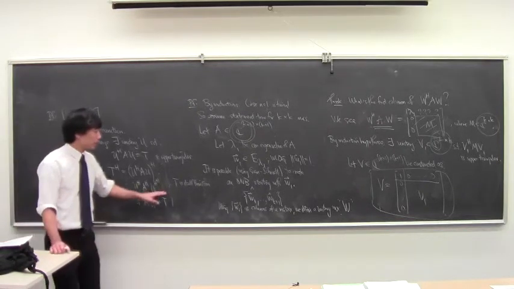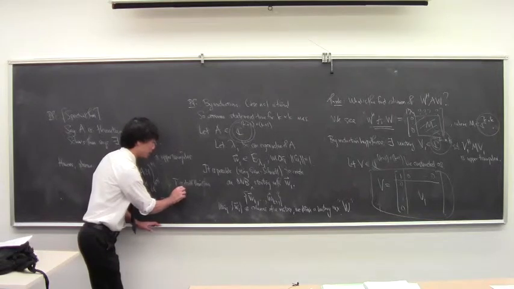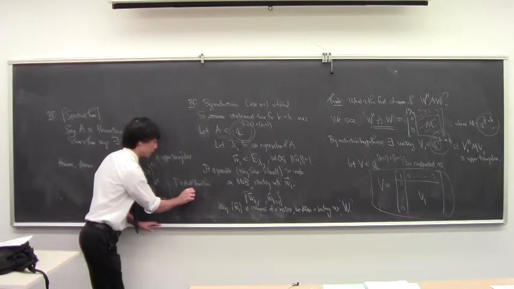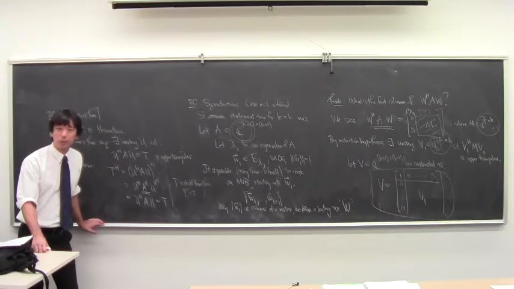Okay. So T is itself Hermitian, right? T conjugate transpose is equal to T, and T is an upper triangular matrix. So what does that tell you?